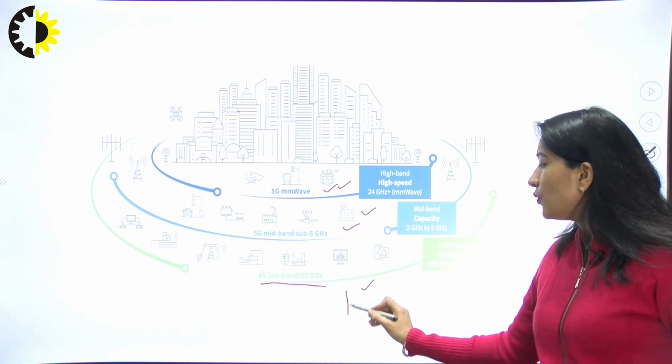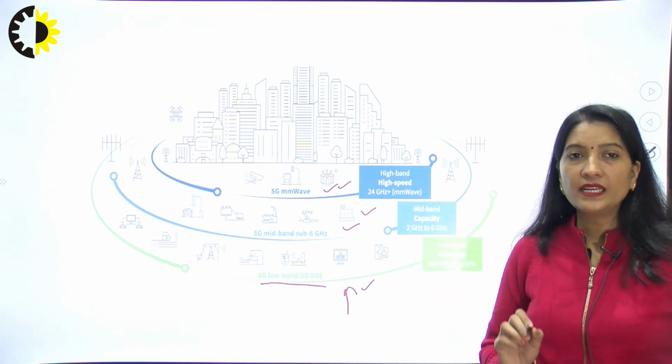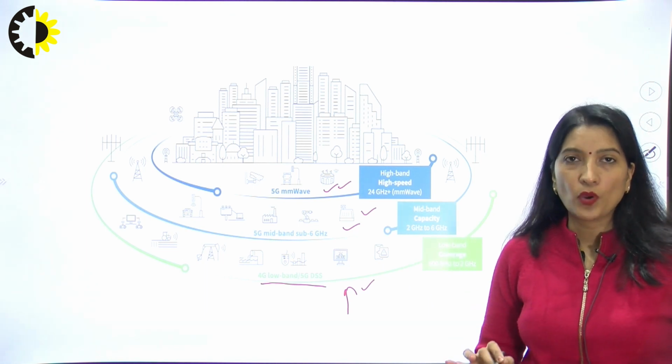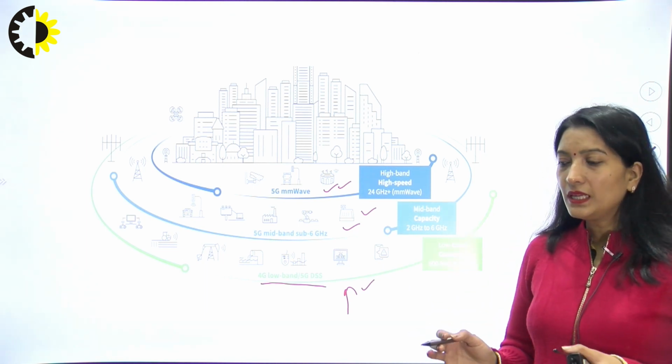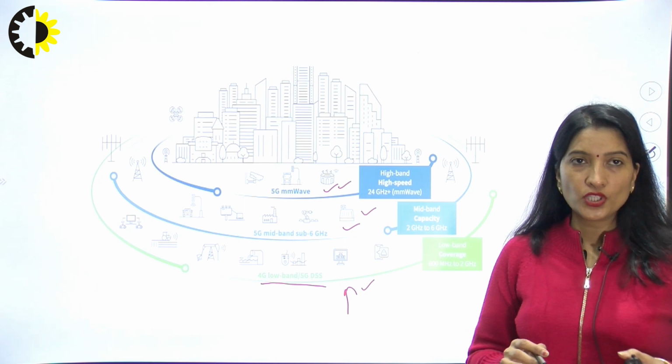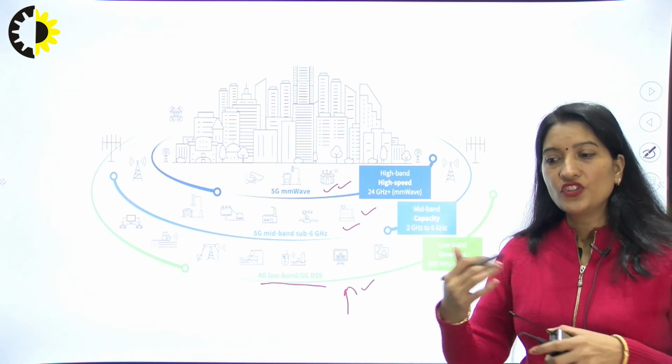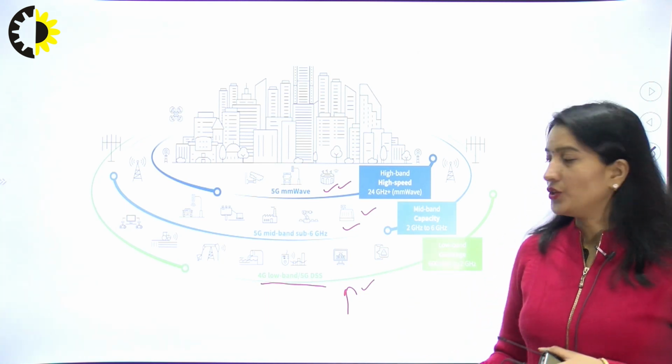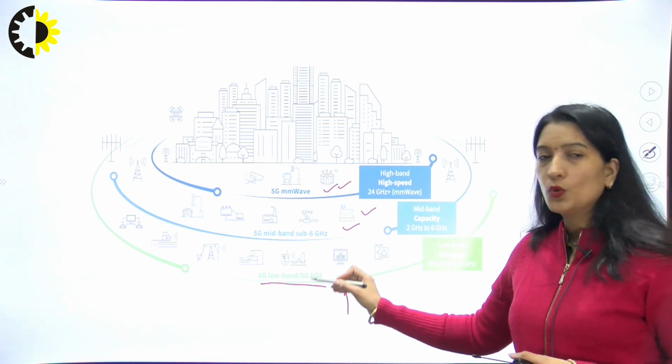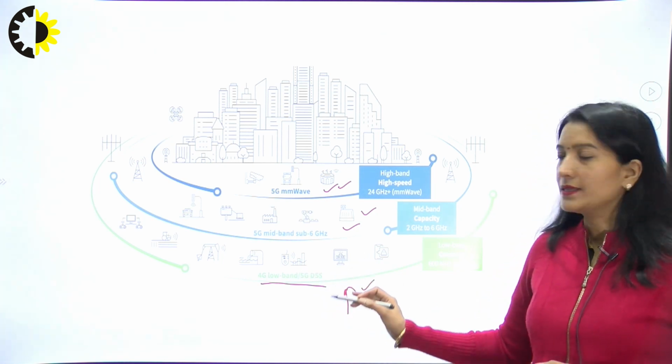The first is currently in use, currently deployed, compatible with the fourth generation, and it has the introduction of fifth generation, known as 4G low band and 5G DSS.